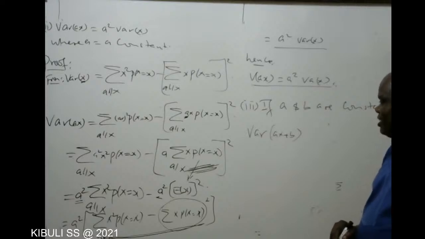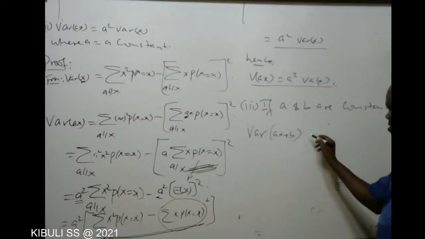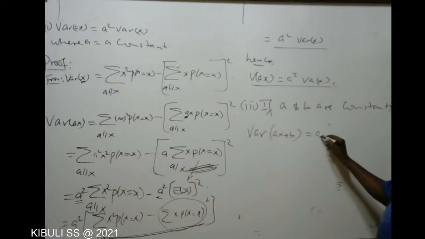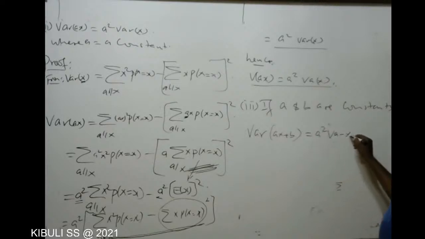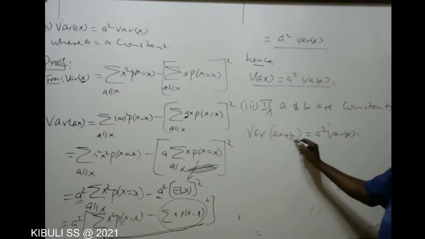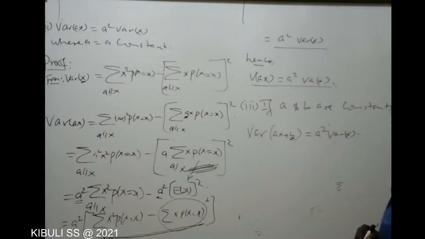But if you're not able to guess, next time you should be able to guess after revising, should be equal to A squared variance of X. This one there, because this one is a constant.